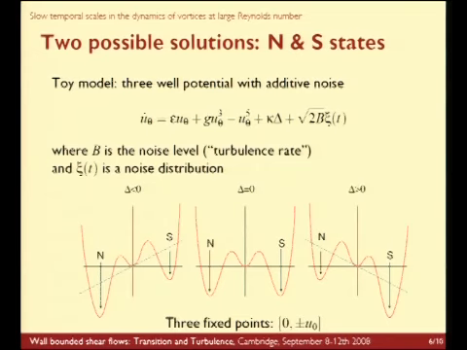What is amazing is that most of the characteristics of this flow can be recovered using a very simple dynamical model, a toy model without the spatial component. We have 3 fixed points.